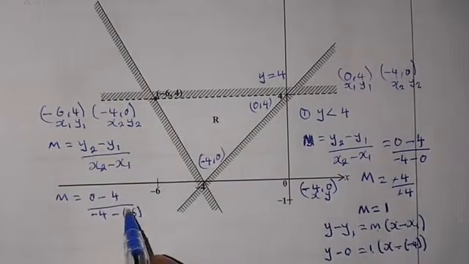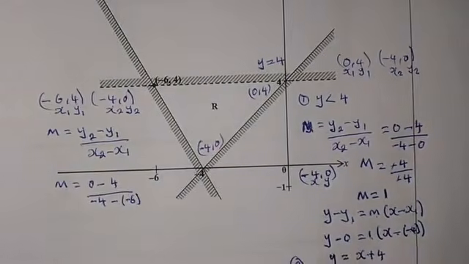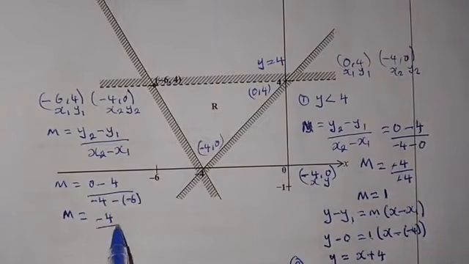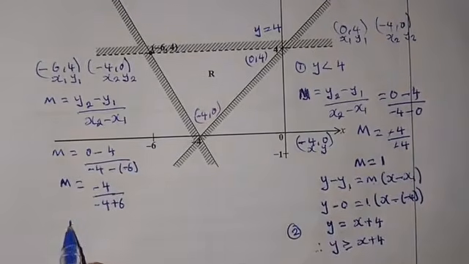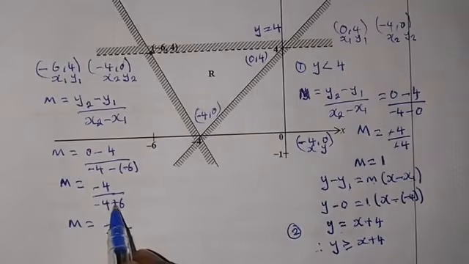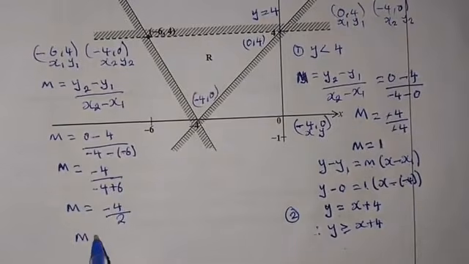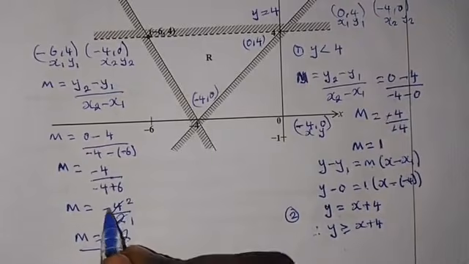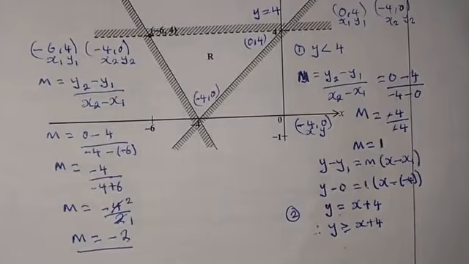You can put it in brackets because of the negatives. So m equals 0 minus 4, which gives negative 4, over negative 4 plus 6. This will give us 2. So therefore, the value of the gradient is equal to negative 2, because 4 over 2 is 2, and there is a negative here. So we have found our gradient.